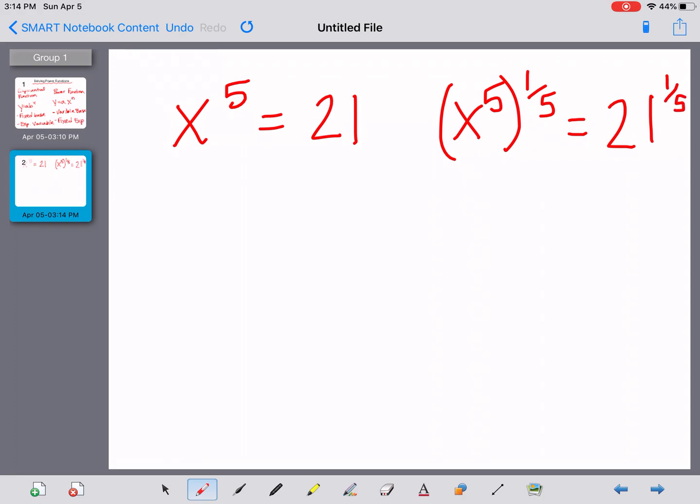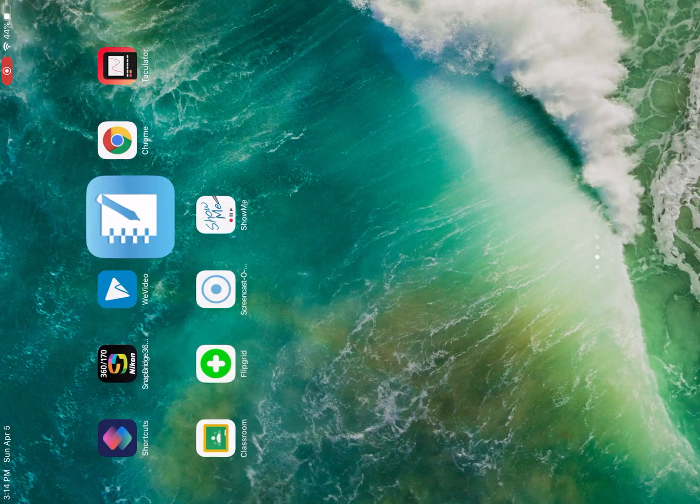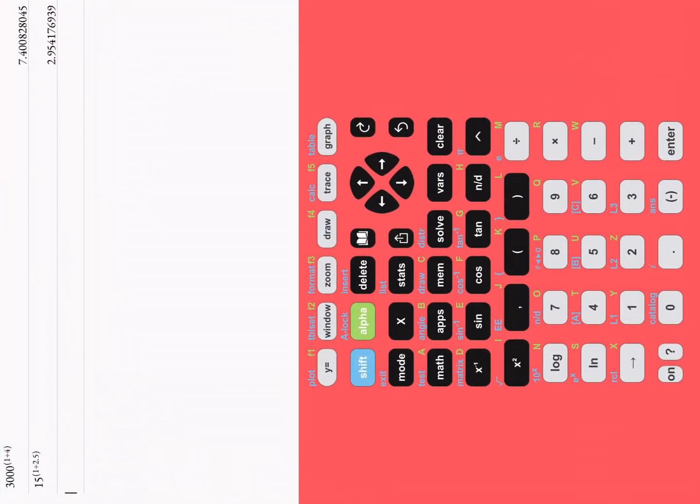So hopefully this is ringing some bells from what we did before. Then I can just simply solve. Let me go back because I have my calculator. So that means I go 21 to the 1/5, or 1 divided by 5.